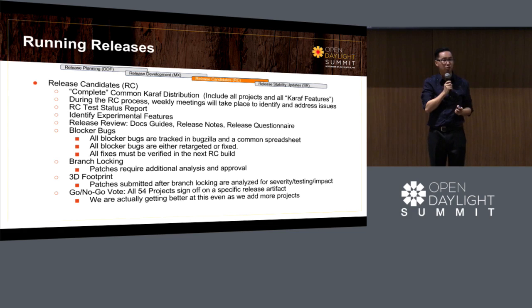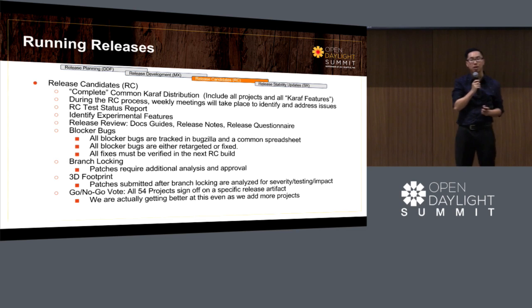Once we get very close to the release, we lock the branch, and for any new patches that come in, we conduct what is called a 3D footprint. We analyze the severity, the testing, and the impacts of individual patches to make sure that it doesn't break any dependent projects, and to assess the risk that those new patches coming in will introduce.